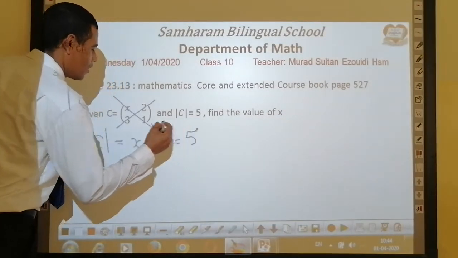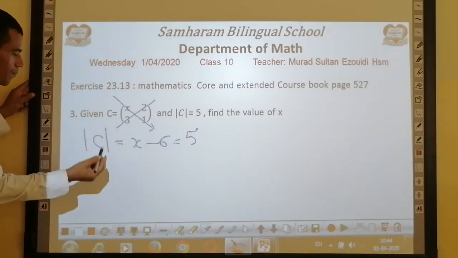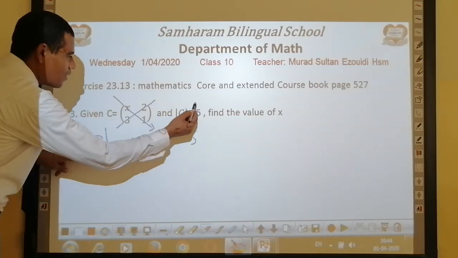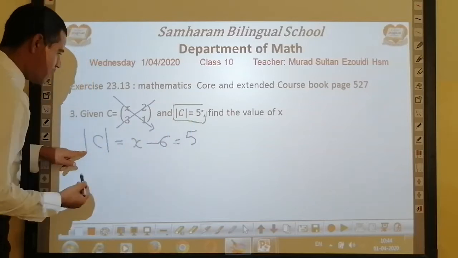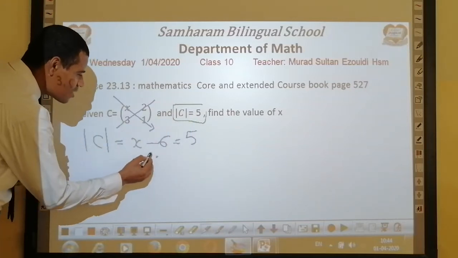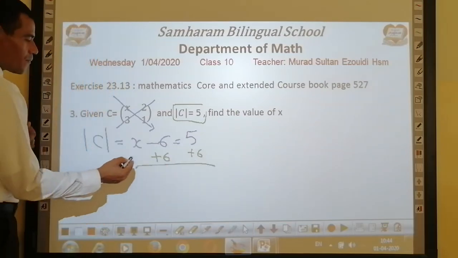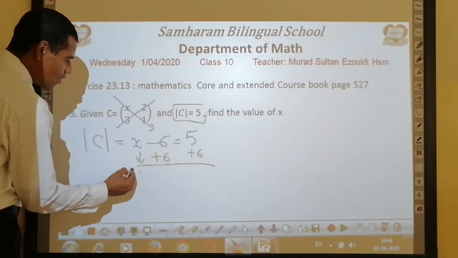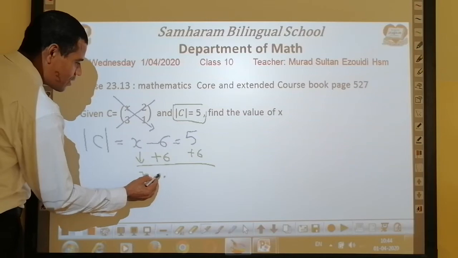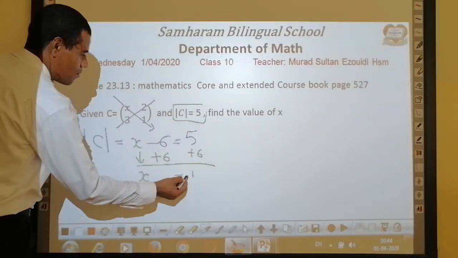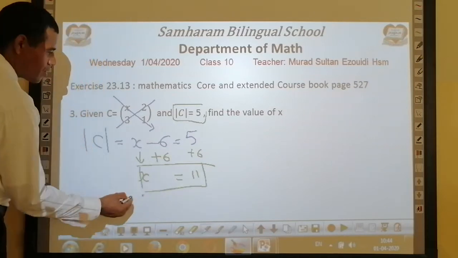Equals 5. See why I wrote here 5? Because the determinant is given at the first. Is 5. So now I will just add here 6 and here plus 6. Then I will write here the value of x. I now isolate x. So 6 minus 6 is 0, 6 plus 5 is 11. So this is the last answer.